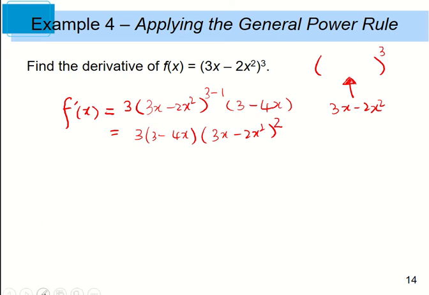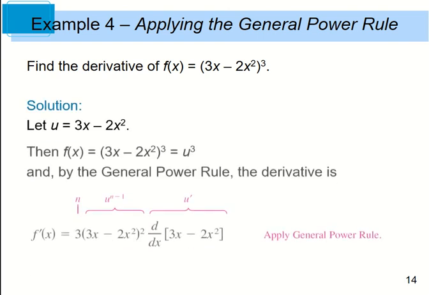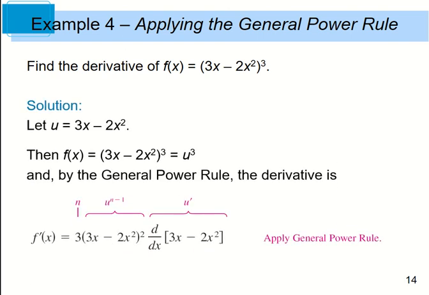Now let's look at the proposed solution here. We let u be 3x minus 2x squared. So this has been changed to u to the power of 3.